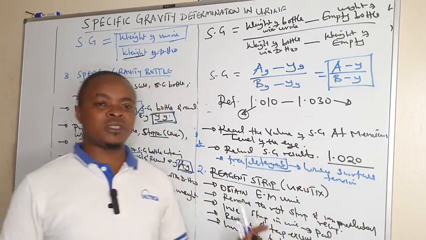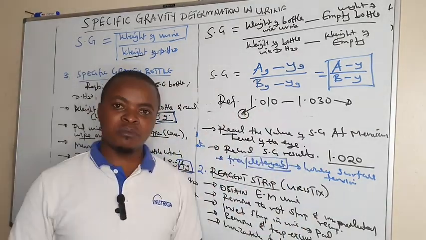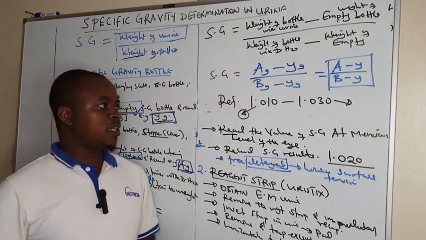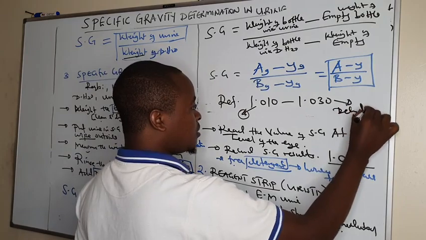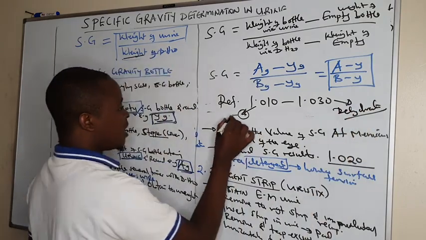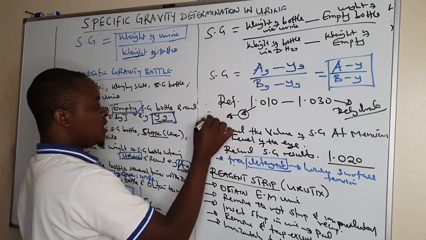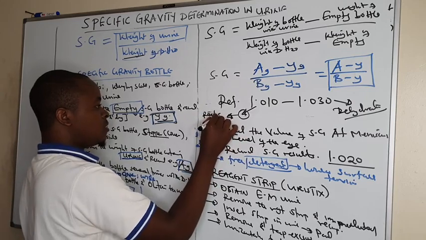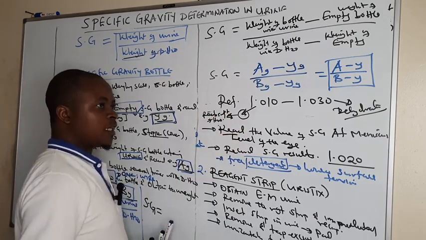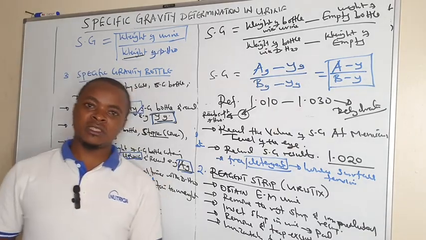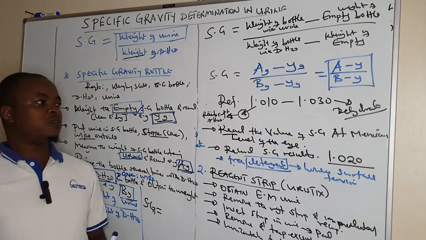Every urine you're producing, the water is being reabsorbed. In this one, we can rule out dehydration. And in this one, we can rule out any kidney condition that hampers the reabsorption of water, like maybe deficiency of antidiuretic hormone and so forth.